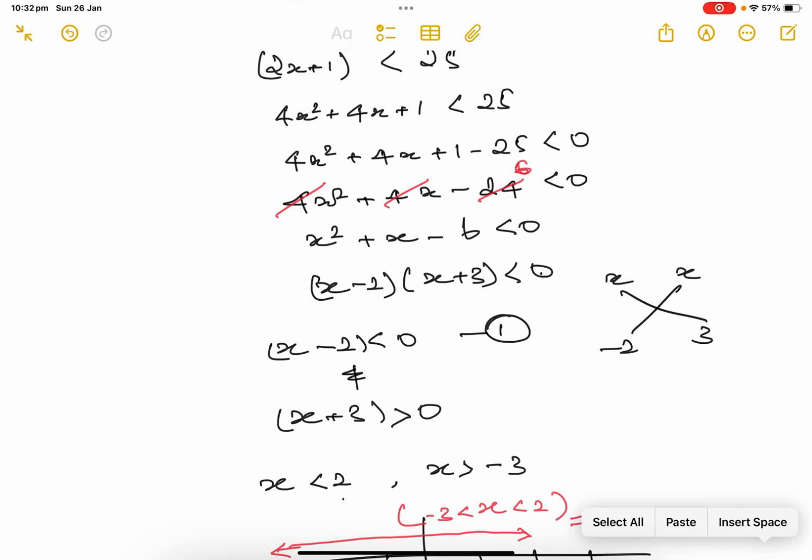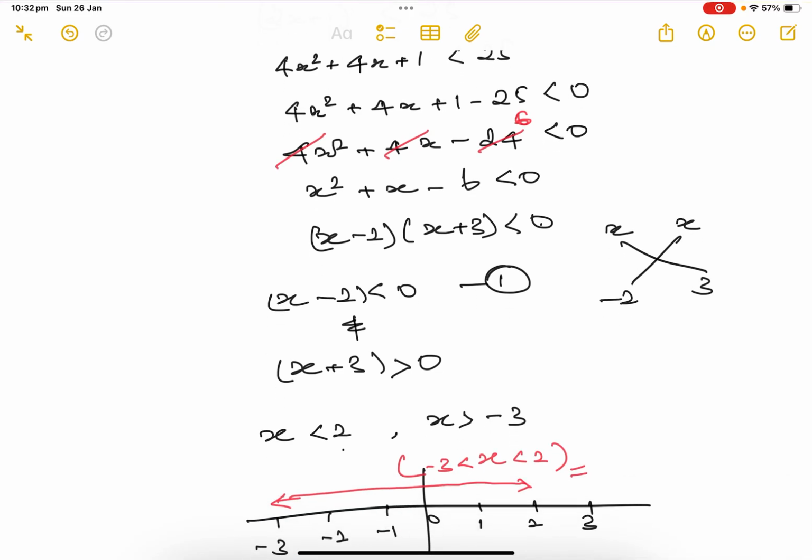I normally do it by putting a little cross. The factors of x squared are x times x, and the factors of 6 are 3 times 2. It can be 6 times 1 as well, but when you look at it, 3 and 2 would be the right ones. So x times x, and 3 and minus 2. x times x is x squared. 3 times x is 3x.